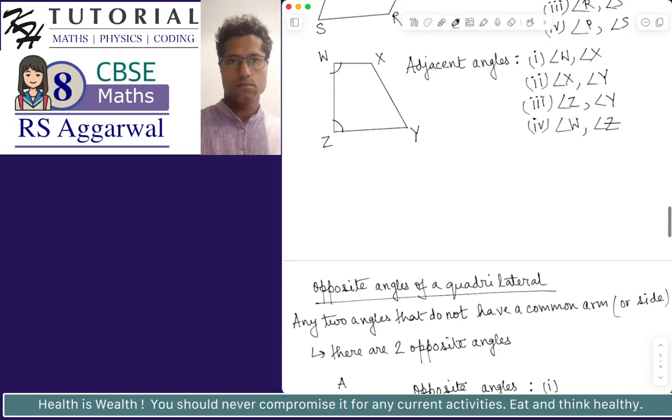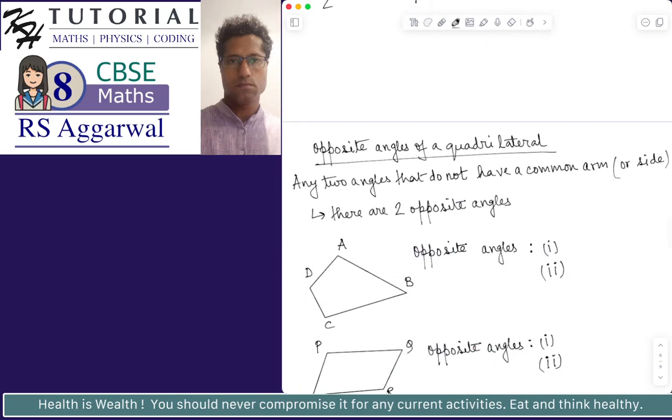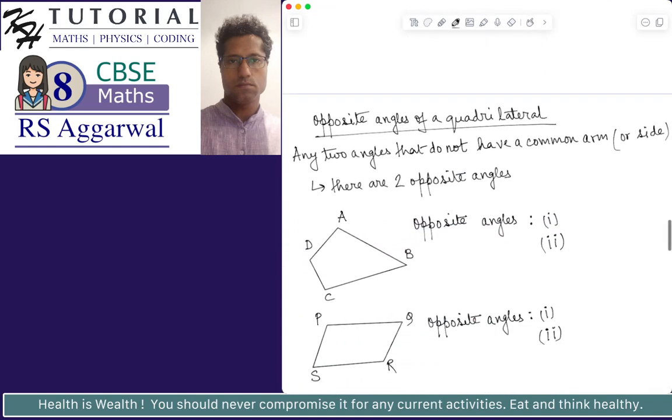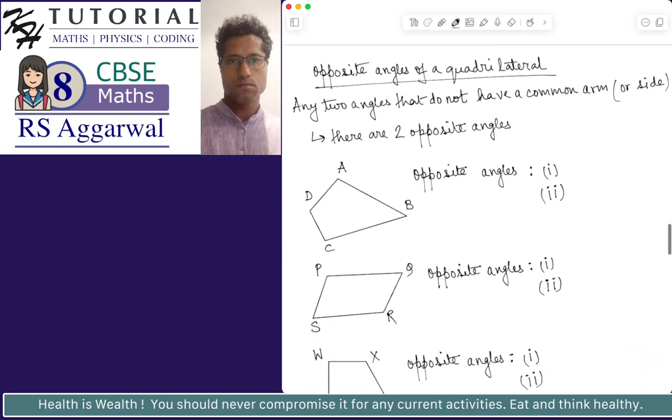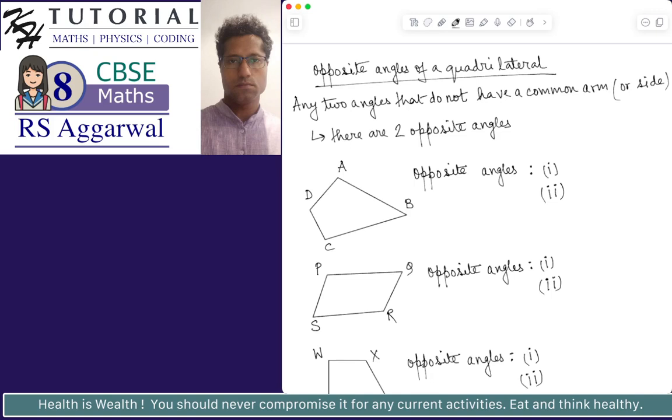Next is a pair of opposite angles of a quadrilateral. It is similar to a pair of opposite vertices of a quadrilateral. You know what a pair of opposite vertices of a quadrilateral is, and we also know that an interior angle of a quadrilateral is named after the vertex.